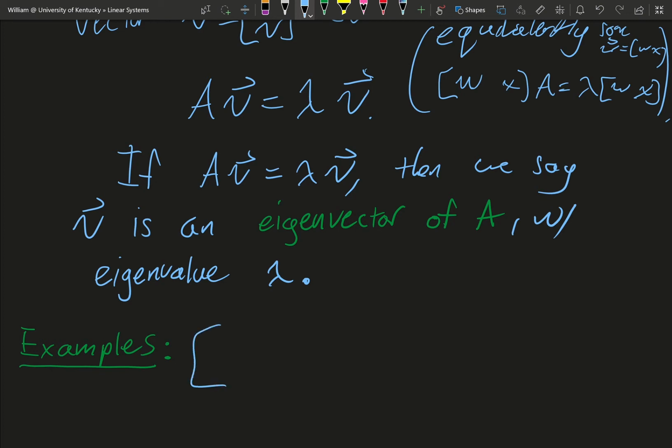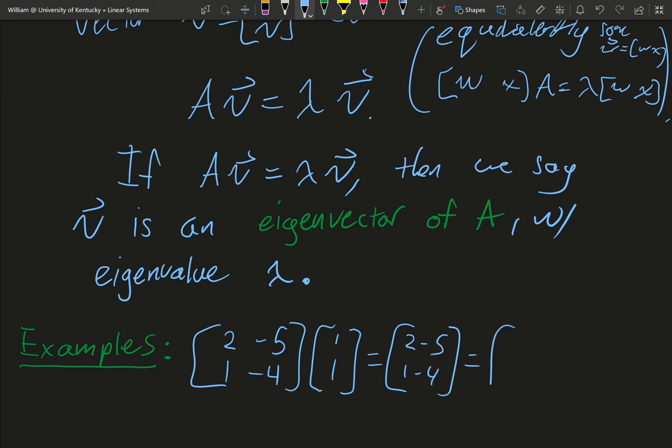So for instance, if we have the matrix 2, -5, 1, -4, and we multiply by 1, 1, we get 2 minus 5 and 1 minus 4. That is equal to -3, -3, which is -3 times the vector we started with.